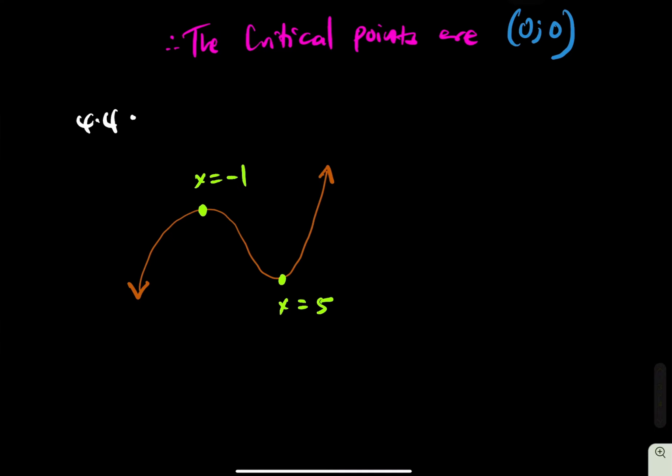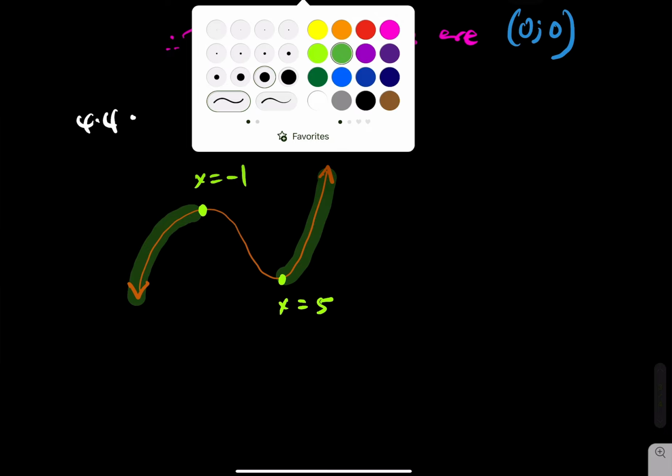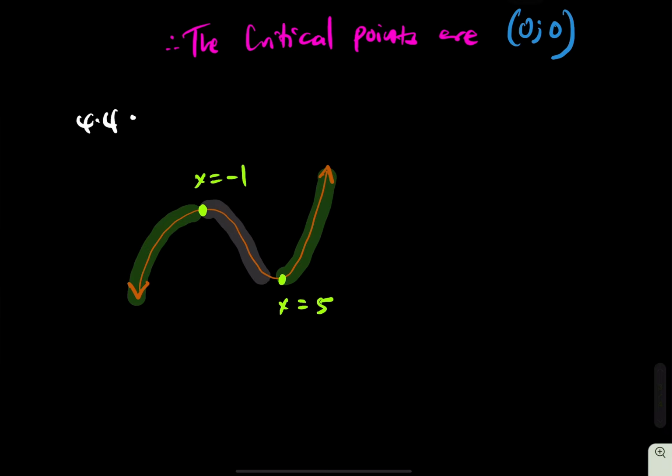These are the critical values, by the way. They determine the increasing and the decreasing situation. So if you check from here, the graph is going to increase, and also from here the graph is going to increase. And then the decreasing situation is going to be primarily here. This is where it's going to decrease when you're dealing with curves. So it means the interval for this one is going to be x is less than -1, or x is going to be bigger than 5.